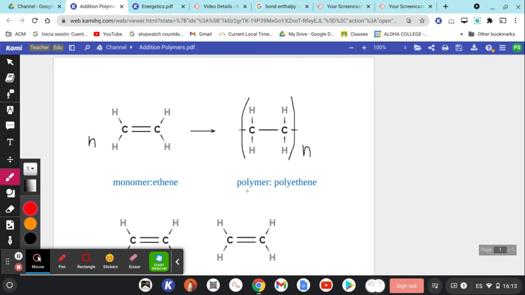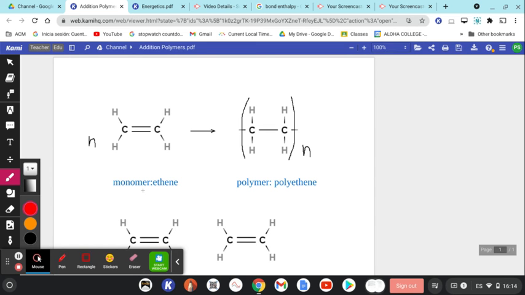Poly, so many parts, polymer. After the ethenes have reacted together, we've got a long chain alkane. And we draw it like this because we can show with the brackets that this segment carries on n number of times. So you don't only have one of these, you have several of these, an n amount of times.